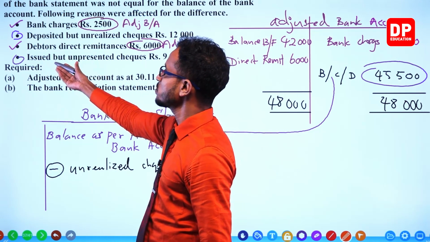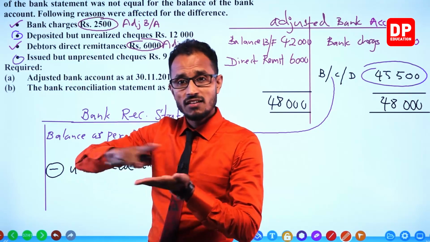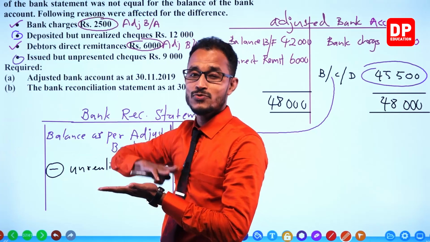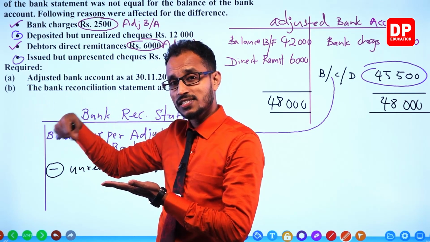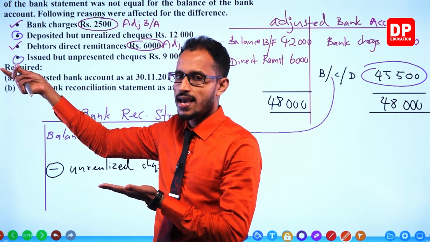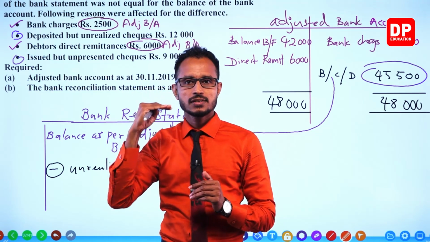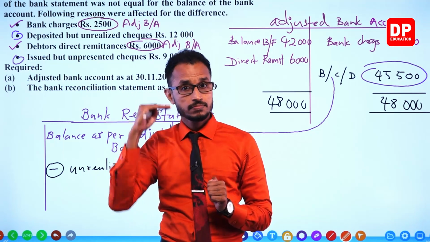you add the issued but unpresented checks. Why? Because when we issue checks, we know that those guys are going to go to our bank and take the cash for those checks. And that is a decrease of our bank balance.